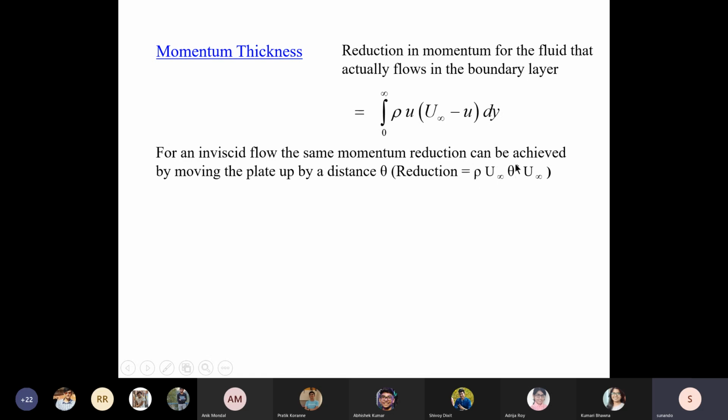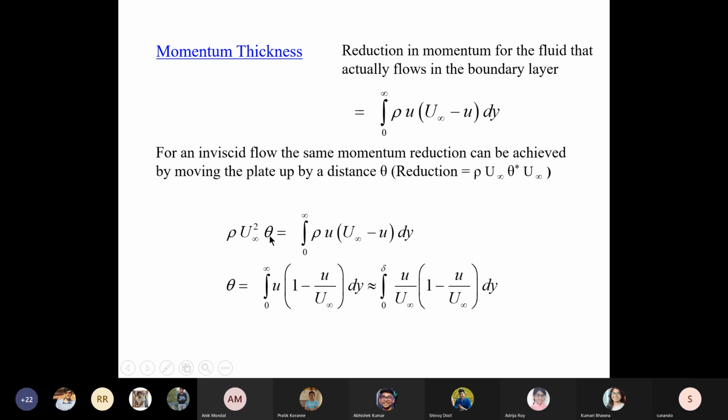That's the mass which is not allowed to flow now. And that mass, if it had been allowed to flow, would have a momentum equal to this mass multiplied by u infinity. So theta star is the reduction in momentum flow rate, which is equal to whatever we have discussed over here.